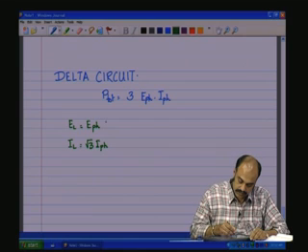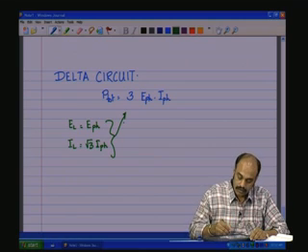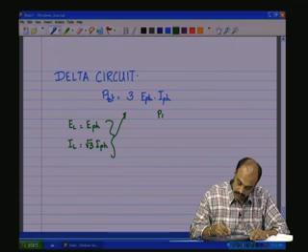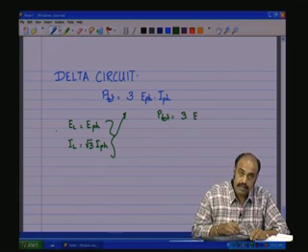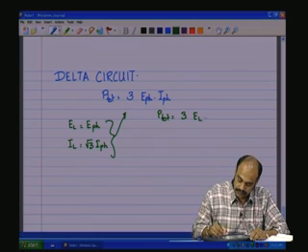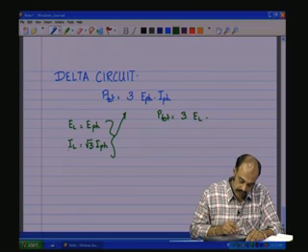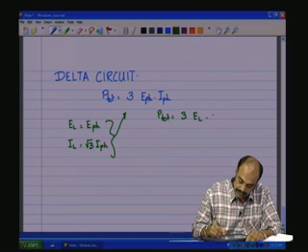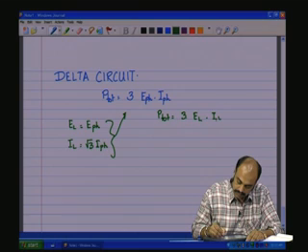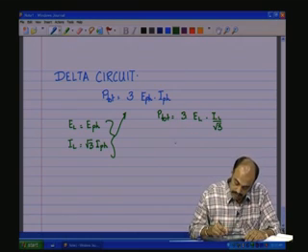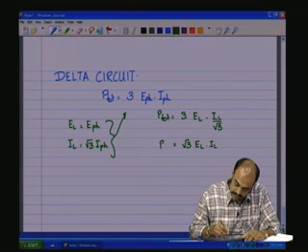So, substituting this here, we have P total equals 3 times E phase, which is the same as E line. So, we write it as E line in terms of the line parameters, and I phase, looking at this equation, we have IL by root 3. So, this gives you the same relationship, EL into IL, this is P total.